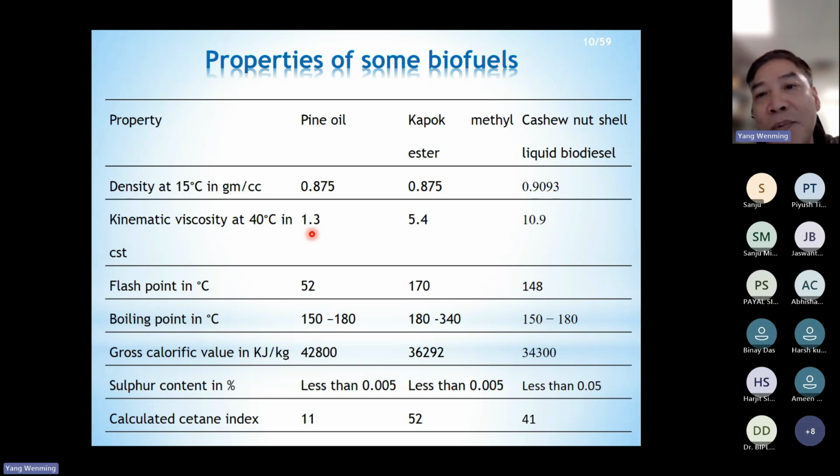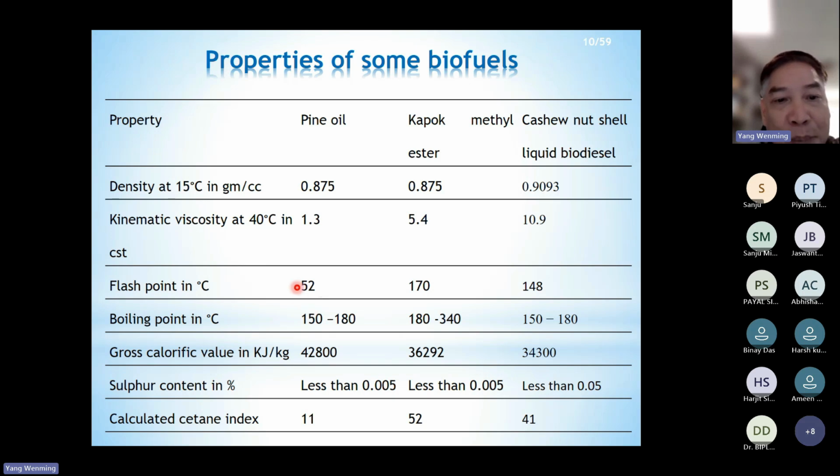The diesel fuel viscosity is 2.17, and the copper ester is greater than diesel fuel. And the cashew nut shell has the highest viscosity. The viscosity will affect the fuel atomization and the fuel evaporation.